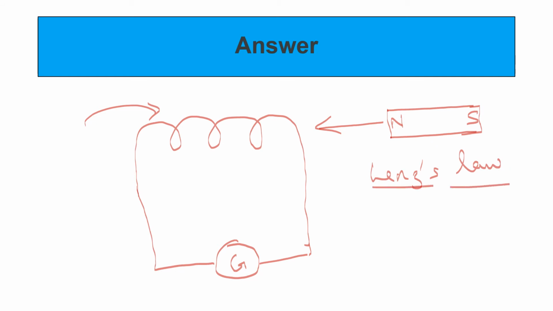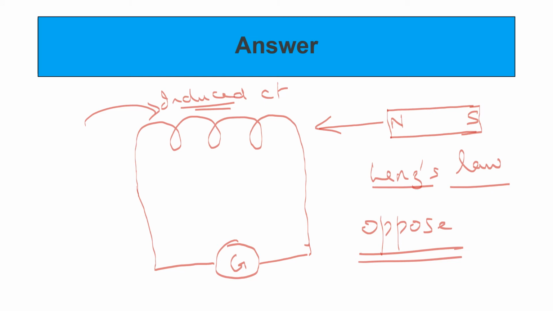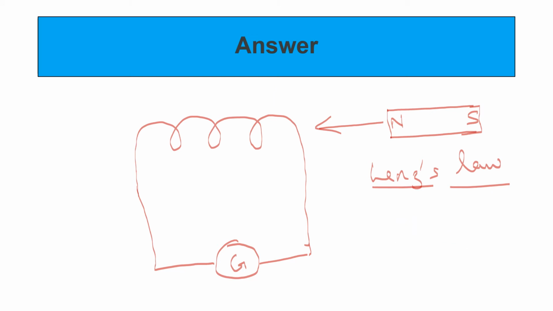According to this law, the direction of the induced current in this coil will always oppose the cause which produces it. As per Lenz's law, the polarity of this face must be north pole.